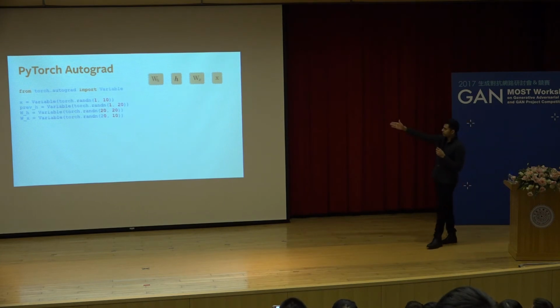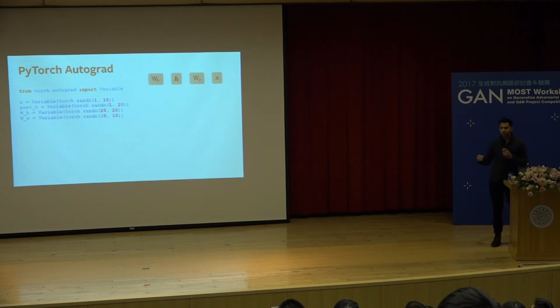So here, for example, I'm creating four randomized tensors, and then I'm putting them inside this class called variable. And then any subsequent operations I do on these tensors will be recorded in a graph.